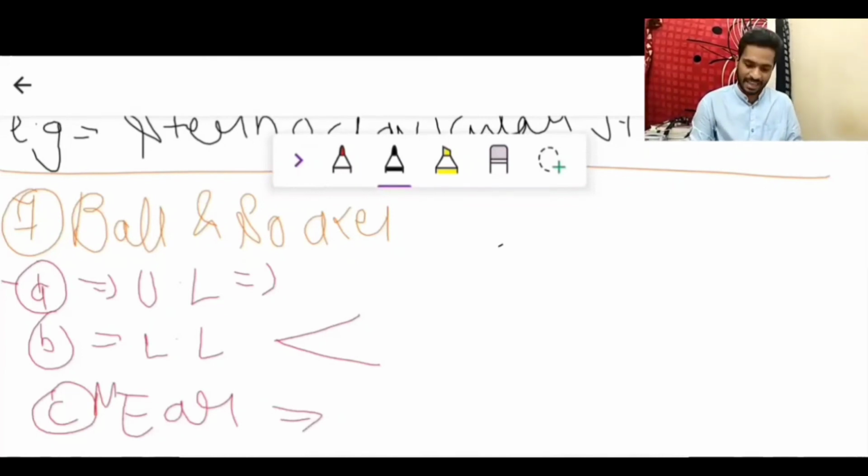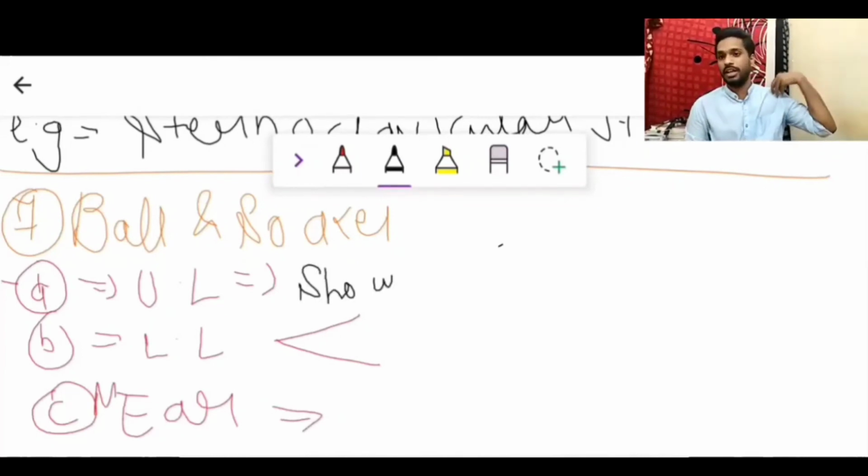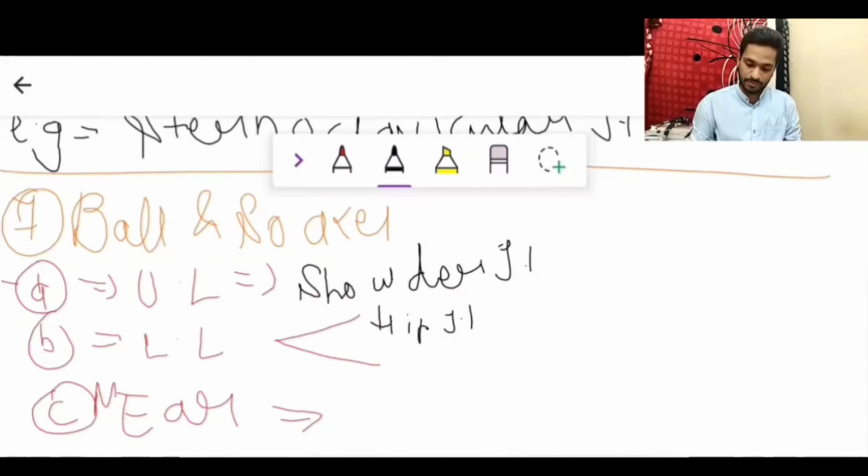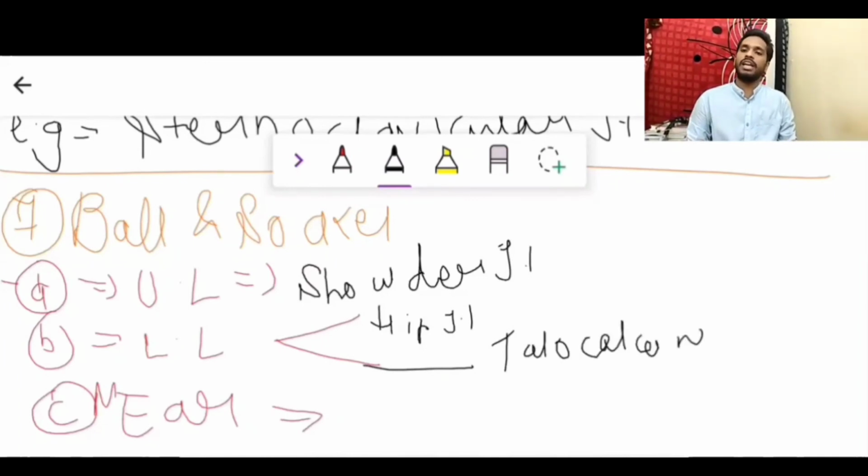In the upper limb, the example is the very famous shoulder joint. I'll show this one, the ball and socket joint. It shows 360-degree rotation. Then in the lower limb, it is the hip joint, and a very important one, the talocalcaneonavicular joint.